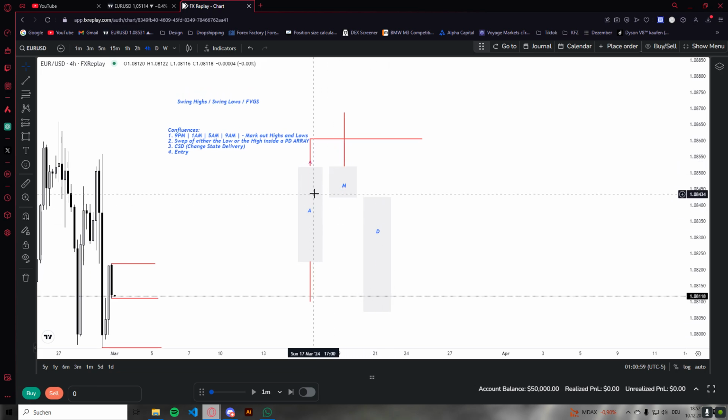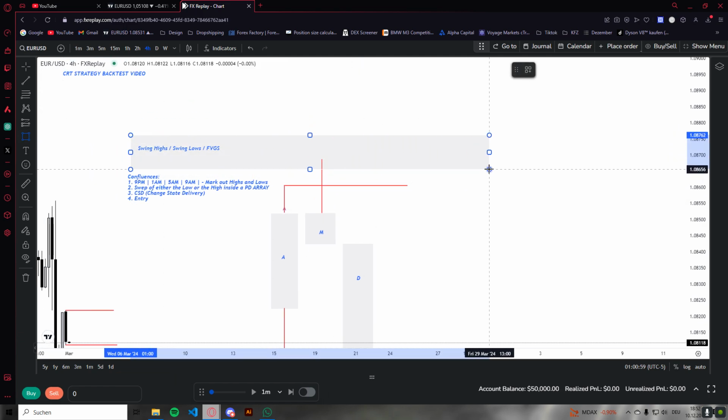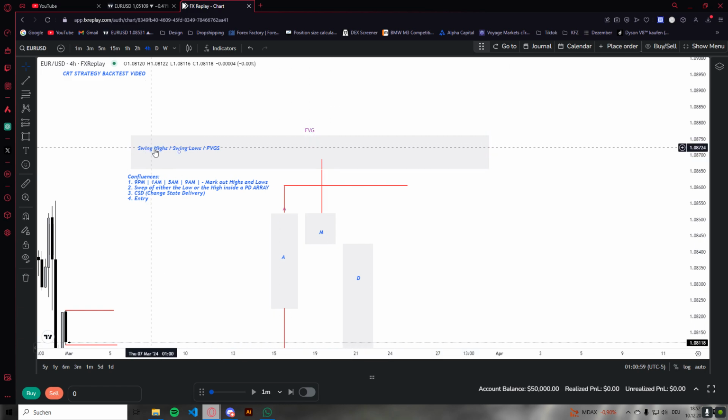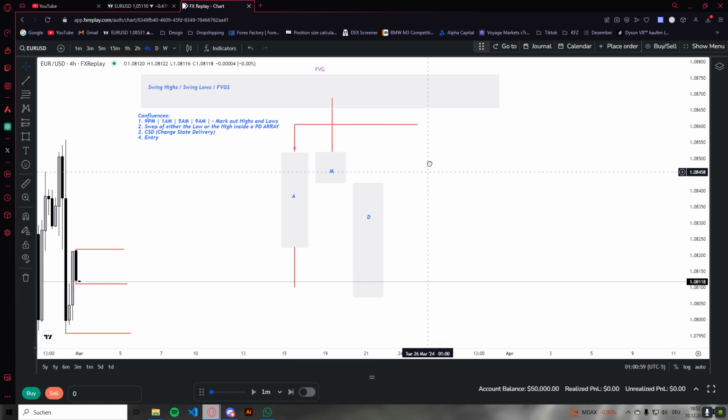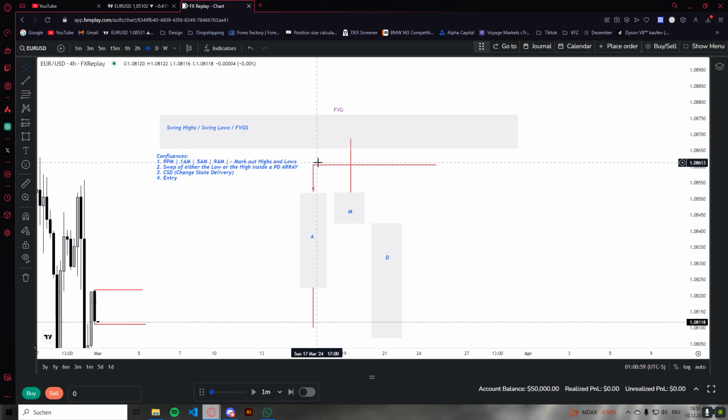So we have accumulation, we have the manipulation, it swept the high inside, for example, a fair value gap, bam, swept the high, tapped into a fair value gap, showed a 15-minute CSD, and then went lower. That's our model. That's what we are searching for.